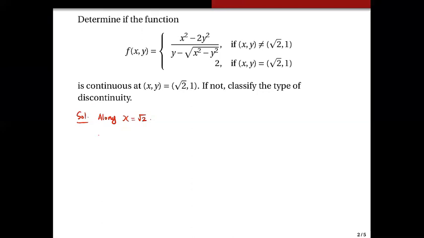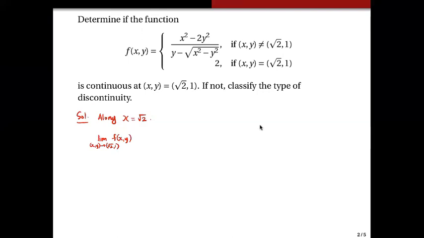So in here, we have the limit of f of (x, y) as the point (x, y) goes to (square root of 2, 1).